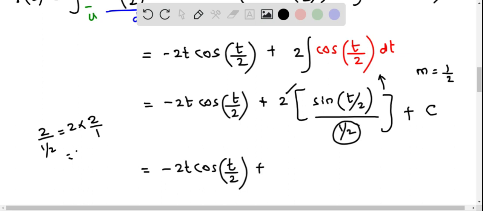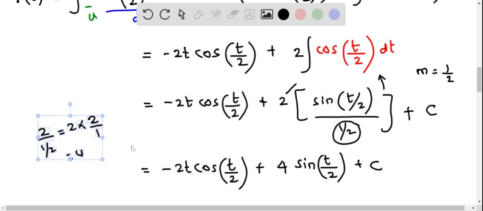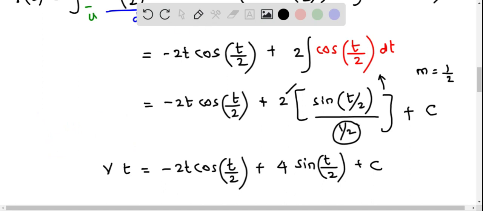So this equals 4. So I'm going to put 4 here, and then sine of t by 2 plus c. So basically this is the function which represents the velocity. So we write down this as the velocity function v of t.